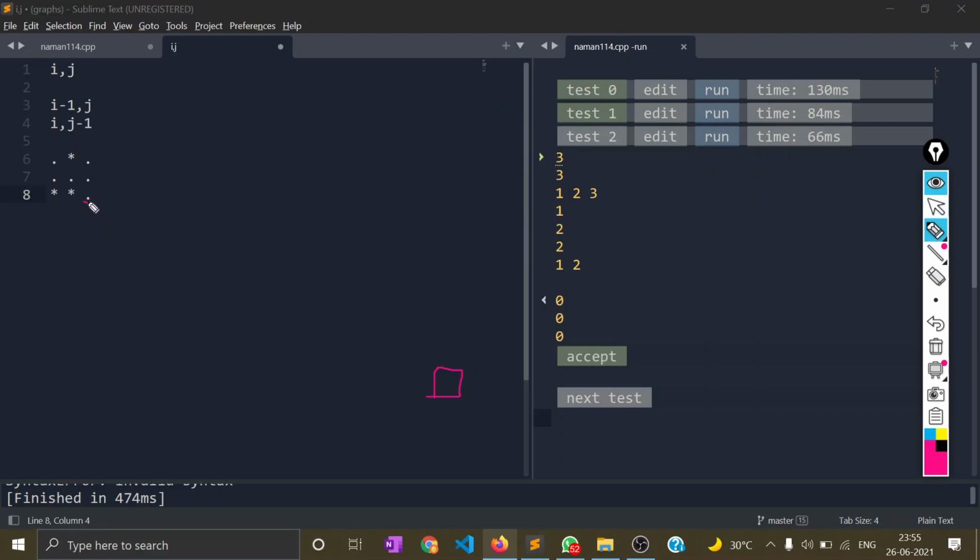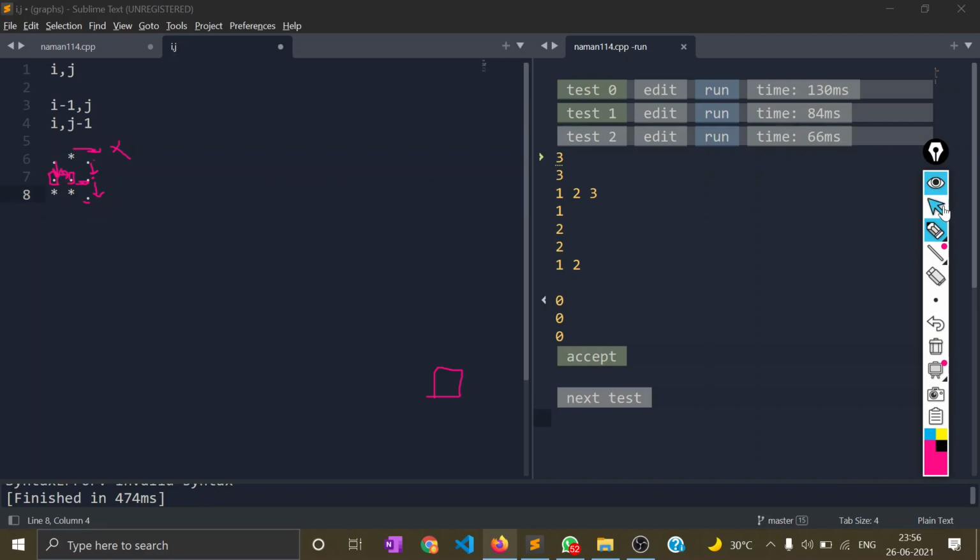From this point, either I can get to this point or this point, but I can't get from this point because it is a trap. When here, I can either get from here or here. When here, I can't get from here to here because this is a trap. There is no way of getting here to here. Then for getting here, there is only one way because the upper one is blocked. And to get here, there is only one way.